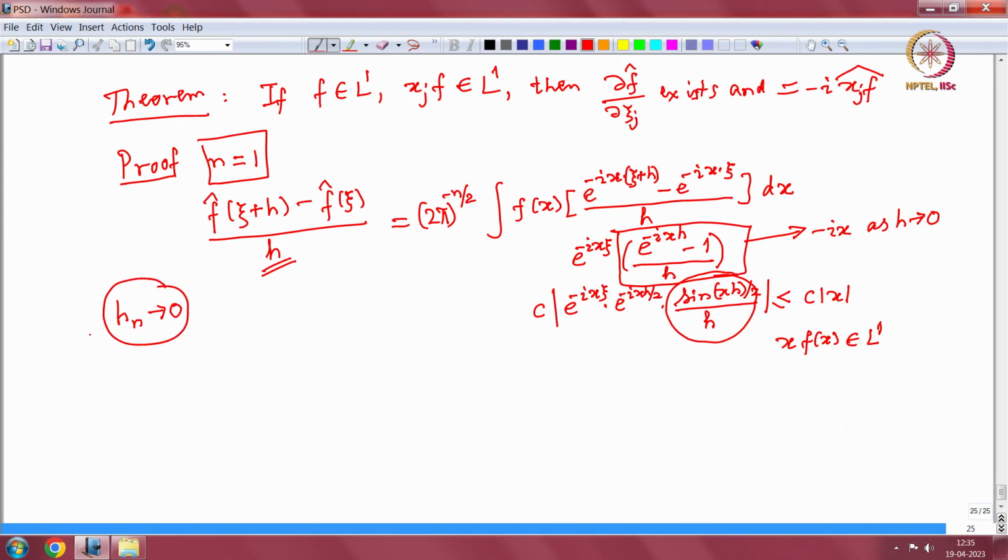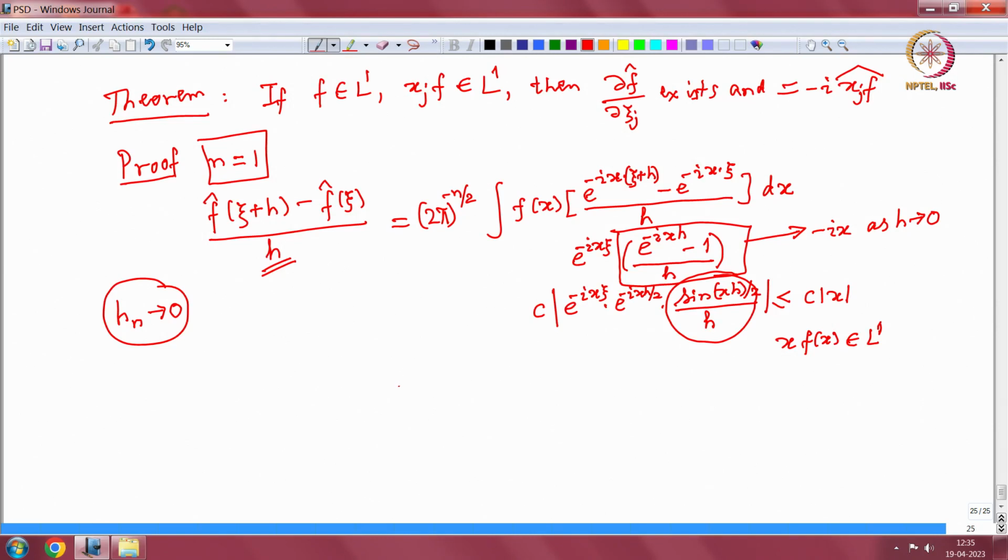applying the dominated convergence theorem certainly makes sense. So, this integrand tends to minus i x f x e to the minus i x j, and it is bounded by an L1 function.